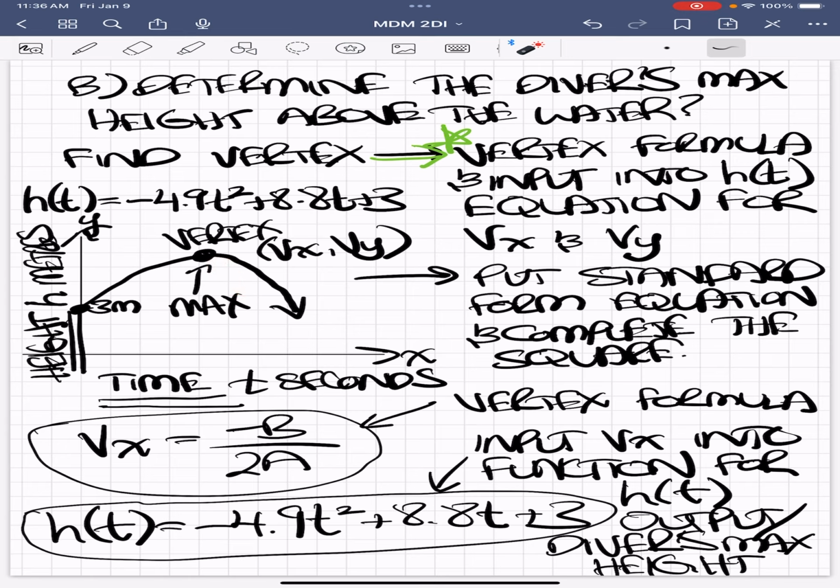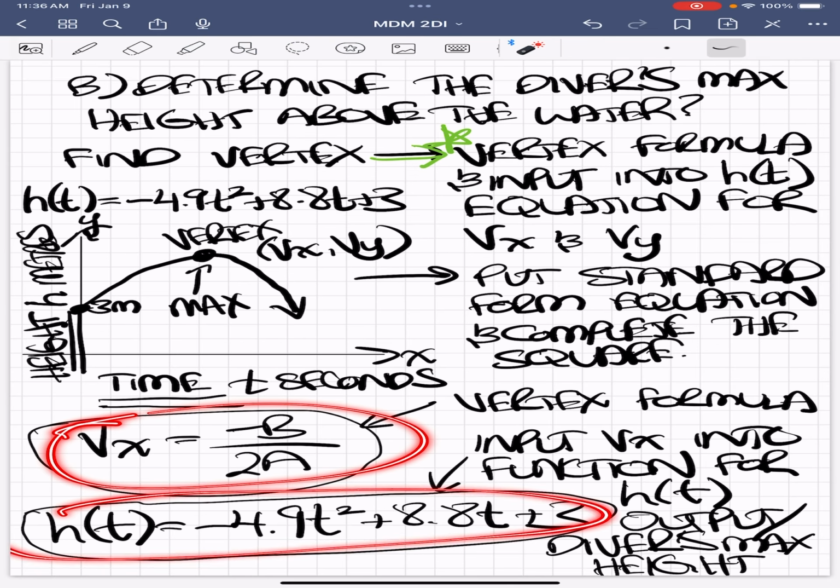So I'm going to be doing this way, so we can complete the square with the standard form of a quadratic equation, or we can use the vertex formula, and then we input the x-coordinate of the vertex into the h of t equation, and you end up getting the x-coordinate of the vertex and the y-coordinate of the vertex. So we're going to be doing it with the vertex formula, which is outlined down here, and then our function is outlined down there as well.